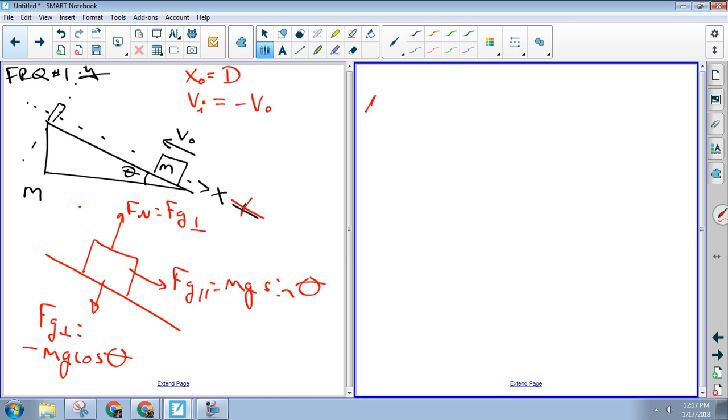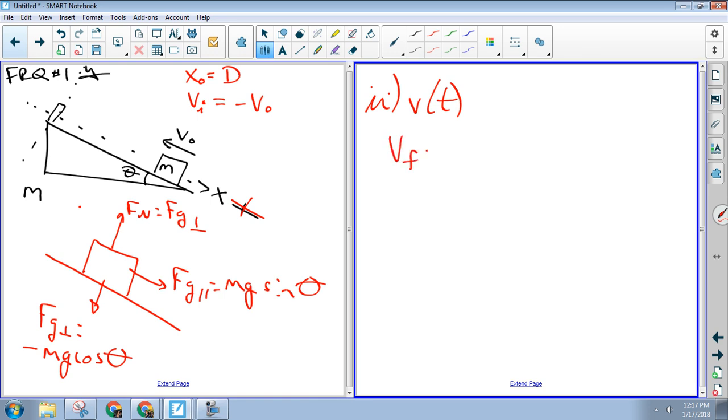Roman numeral 2 wants to know an expression for the velocity of the block at time t. This one should be kind of a one-step thing. You don't even need to do calculus. It's easier than that. Maggie, you got an idea? G sine theta t minus v naught. Yeah, look, it's this.